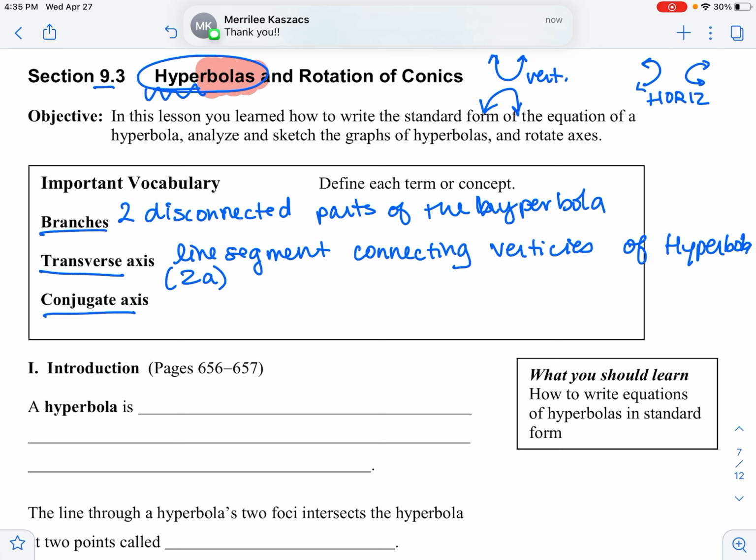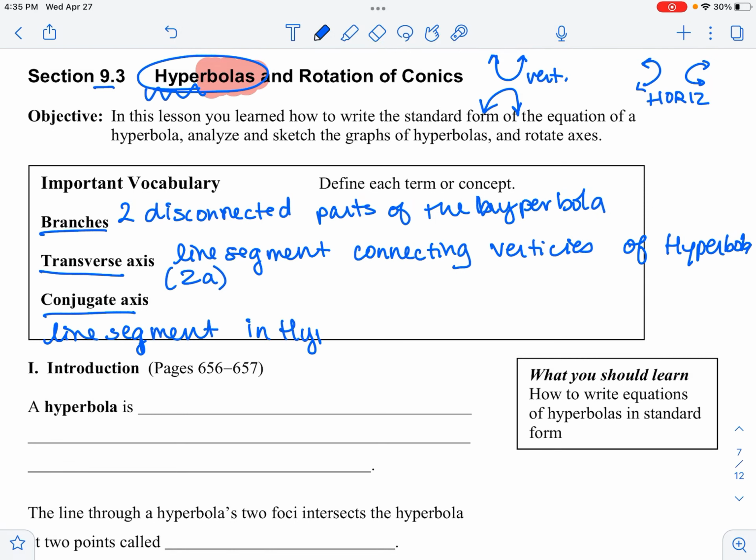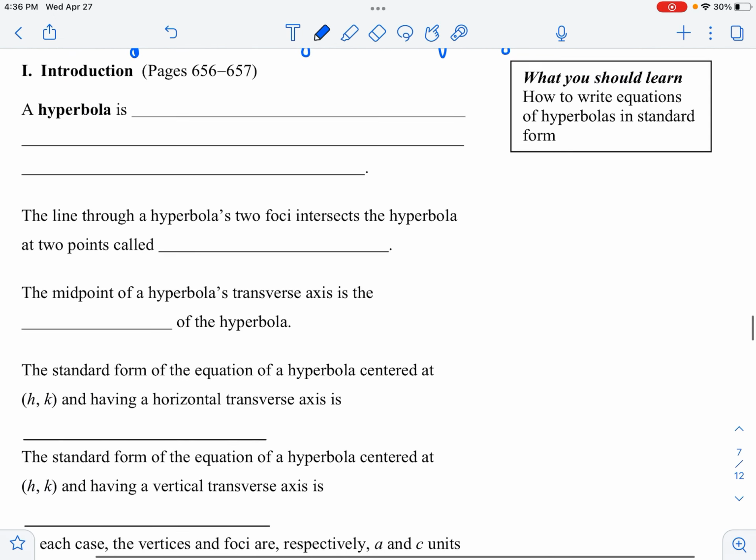And the conjugate axis is the line segment in the hyperbola of length 2b. Okay, so we'll talk about what that looks like in just a second.